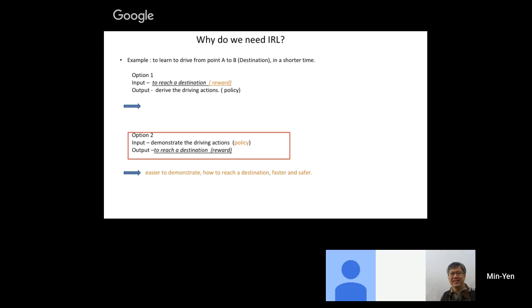Because it is easier to demonstrate how to reach a destination in a faster and safer way, rather than to specify the reward function in more detail, as there are many paths and traffic conditions to consider in the description of the reward function.